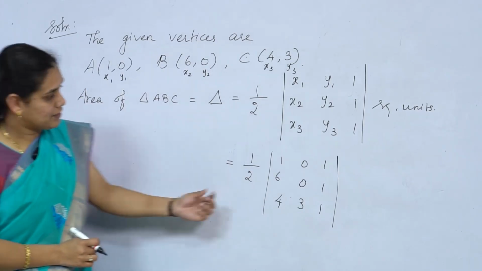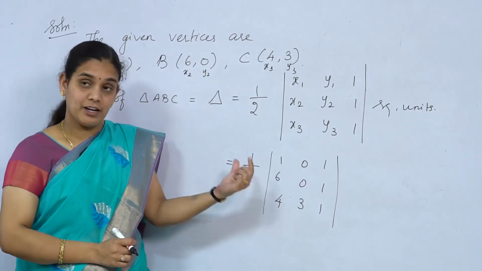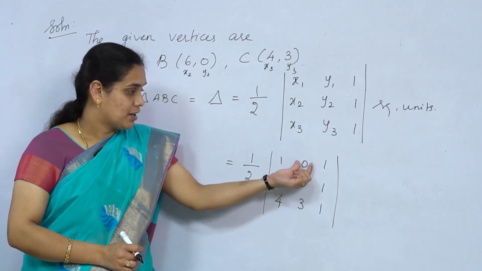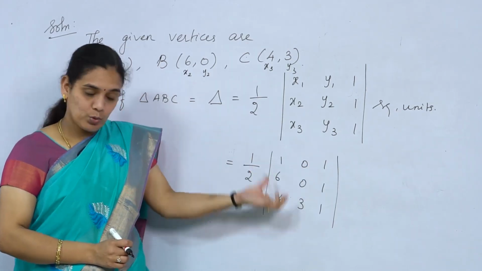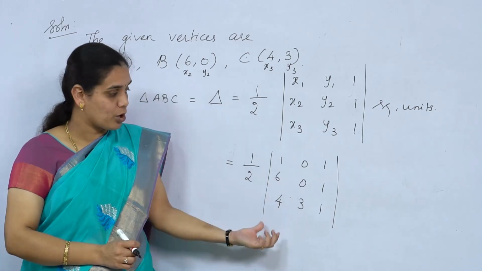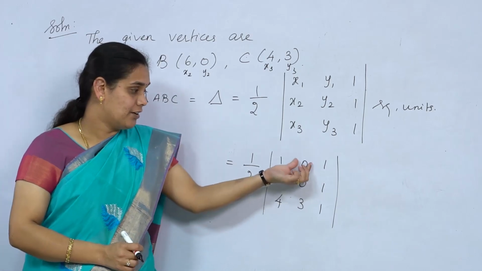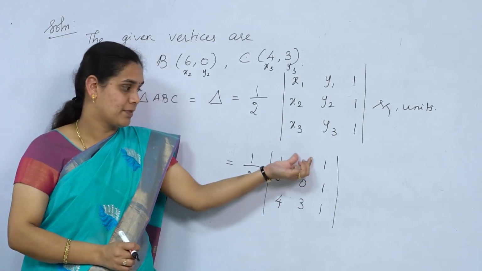Then here we have to evaluate the determinant. I used to give a simple tip for you. You always try to evaluate the determinant along the row or column which has many zeros. Then it will be easy for us. Here we have 2 zeros in this column, isn't it?